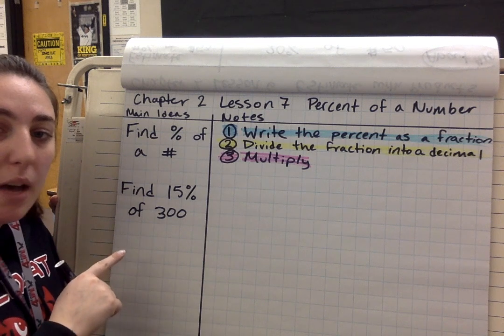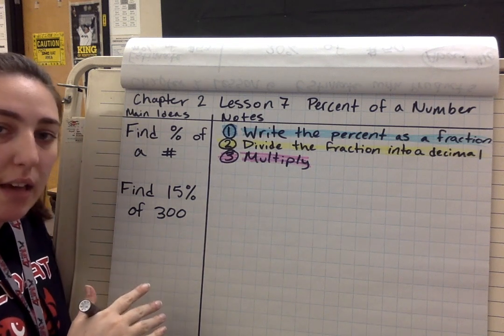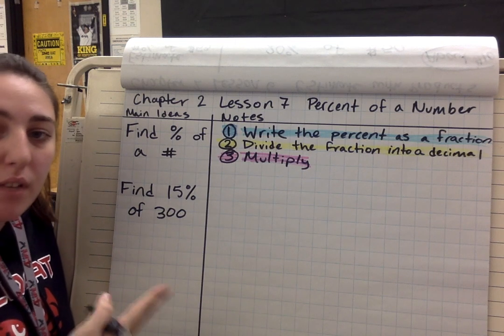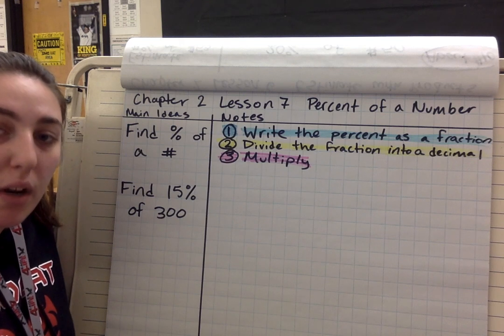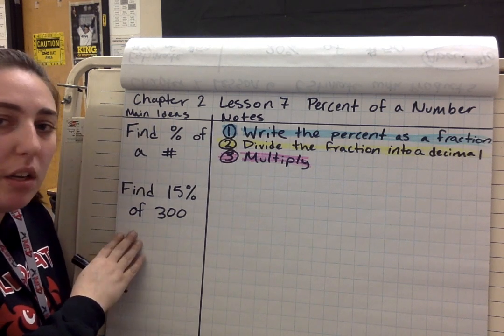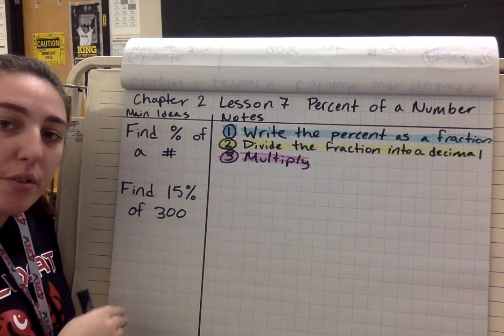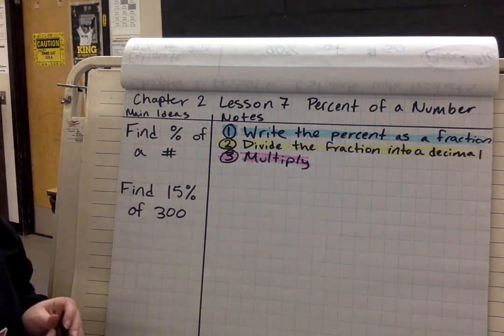So these are pretty easy numbers to work with, easy in the sense that it's 300 and 15, so it's not some random numbers, and we don't have decimals. So this will be a little simpler of a problem. The other 2 examples we're going to show are going to be a little more difficult.